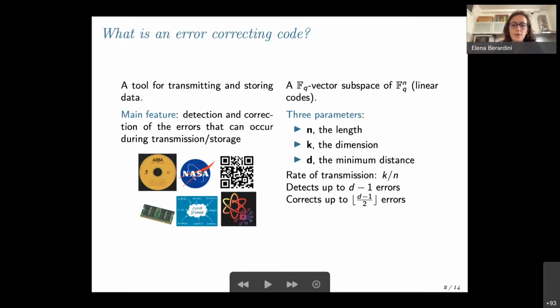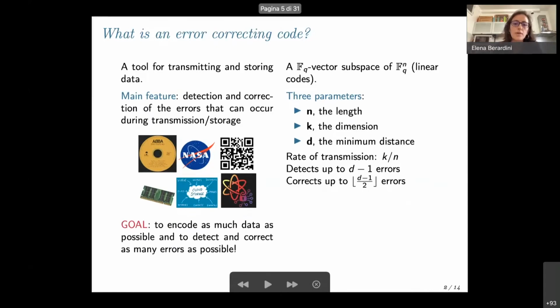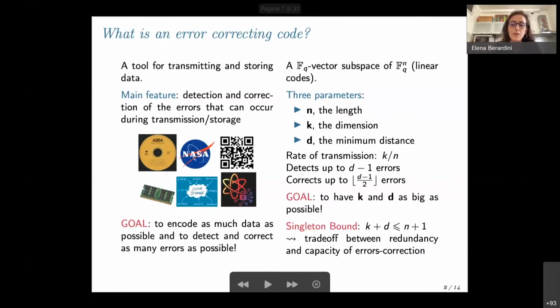And of course, as you can imagine, one of the main goals is to have codes that allow you to encode as much data as possible and to correct as many errors as possible, which from a mathematical point of view can be said by saying that we want codes with k and d as big as possible, knowing that we cannot have it all, in the sense that k plus d is bounded by n plus 1, and this is what is said by the Singleton bound.